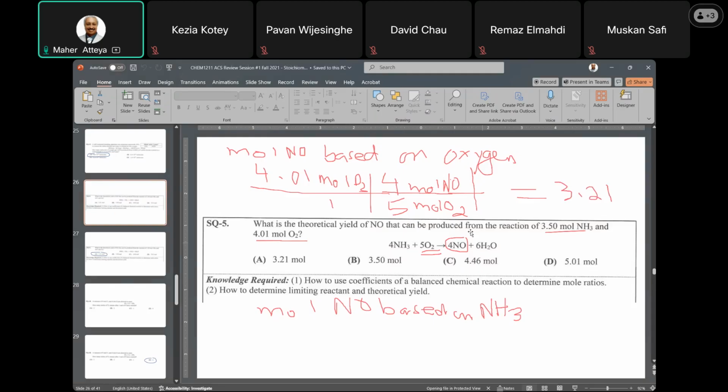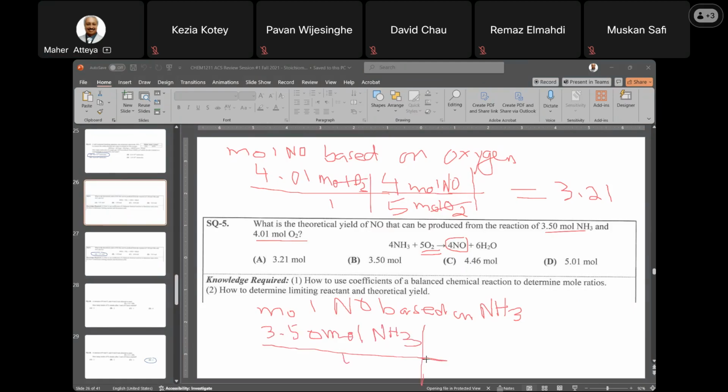So mole of my product is, so here it is. So mole of oxygen cancels out. Now, here with the ammonia, I have how many? 3.50 moles of ammonia. And I have how many moles of ammonia here?